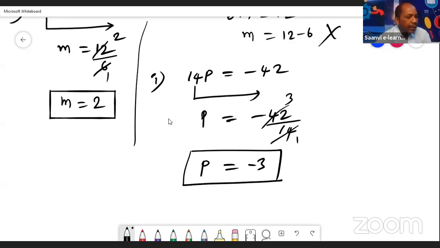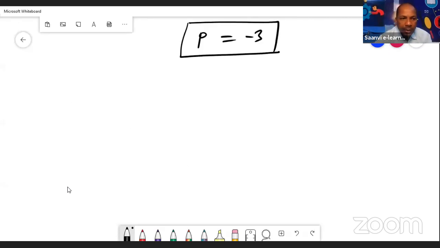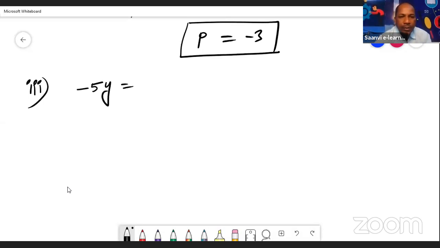Now the same way, see the third question. Third question: minus 5y is equal to 30, given. Minus 5y is equal to 30.